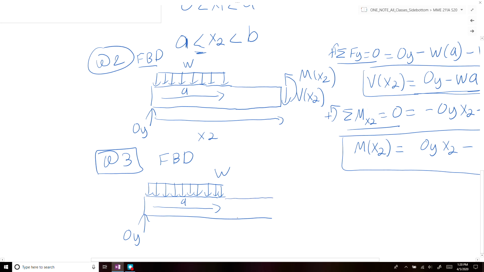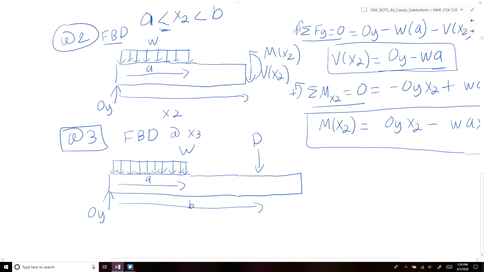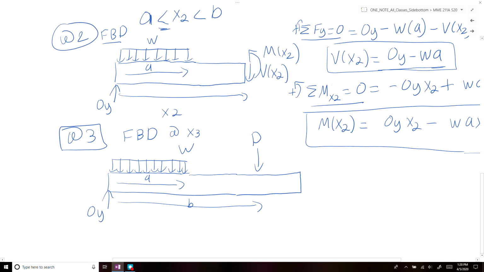And then at a distance B, we have our applied load P. After that applied load, we have our section cut. So at our section cut, we will have our shear force V of x3, and we will have our moment M of x3.